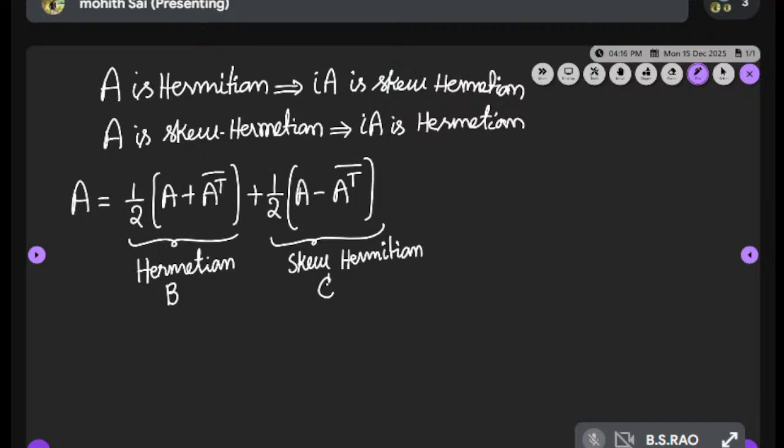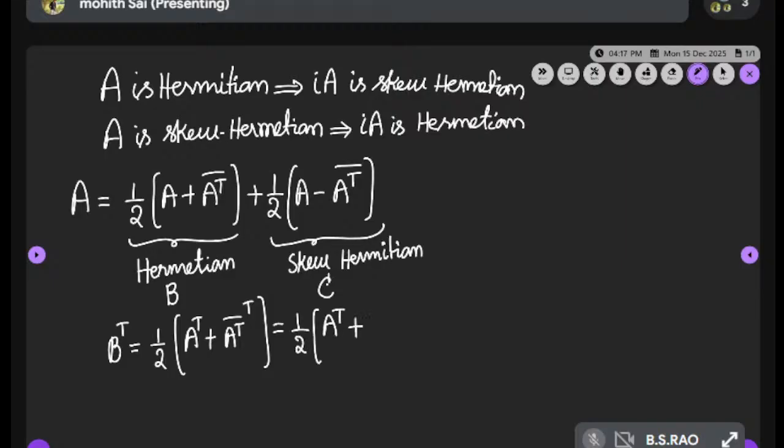How to show this? Find B transpose. B transpose is half into A transpose plus A transpose conjugate transpose. That equals half into A transpose plus, the transposes get cancelled, you get A conjugate. This is equal to half into A plus A transpose conjugate, whole conjugate.